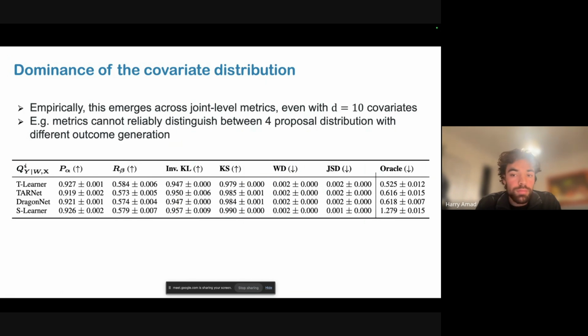But because the outcome generation mechanism is only a one-dimensional part of the data space, and the covariates are 10-dimensional, these joint distribution level metrics fail to pick up on the differences, and they've lost sensitivity to this, because they cannot really differentiate between these four proposals. So really, these metrics are quite poor for determining which synthetic data set is best for a medical use case.